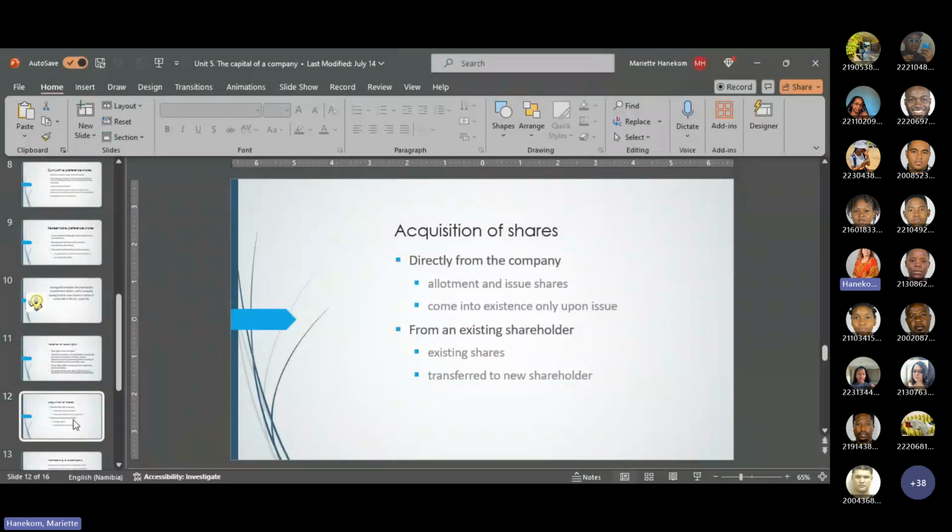So those shares don't exist yet. They're only literally a notation in the memorandum. Now you want to acquire shares directly from the company. You apply to the company. The company will allot a particular number of shares to you. You pay for them. Once you have paid for them, they are issued. Now they come into existence and you become a shareholder.